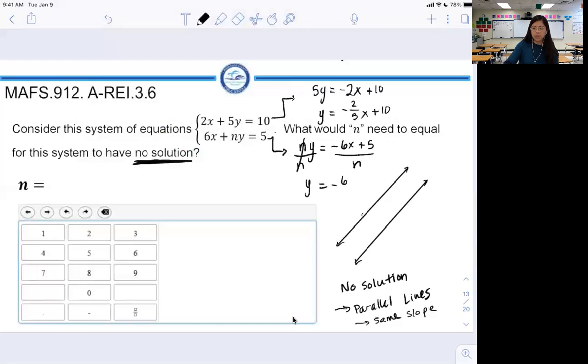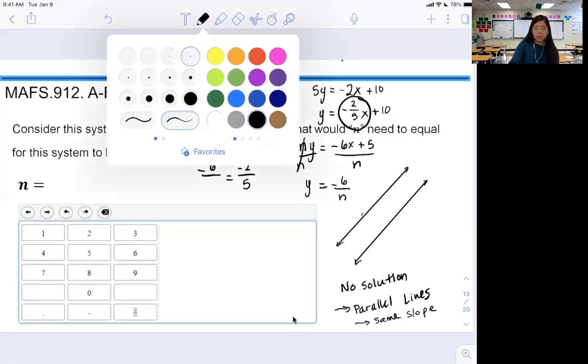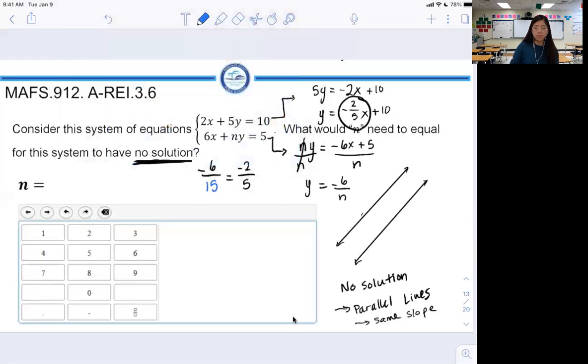So negative 6 over n has to be equal to negative 2 over 5. Well, to get from 6 to 2, I divide by 3. So in order for these to match, this would have to be 15. So n would have to equal 15.